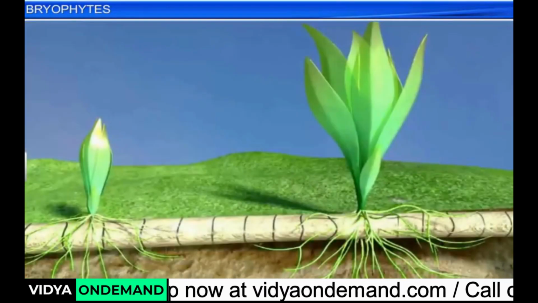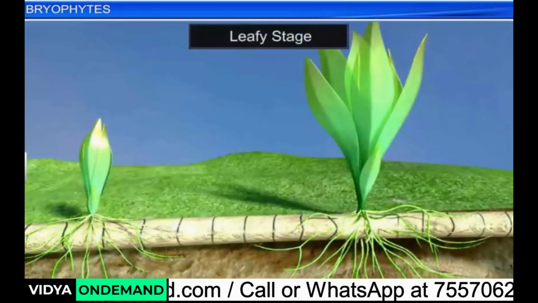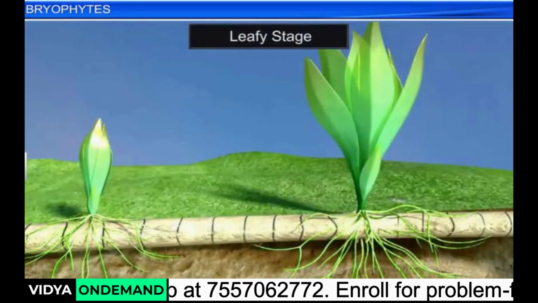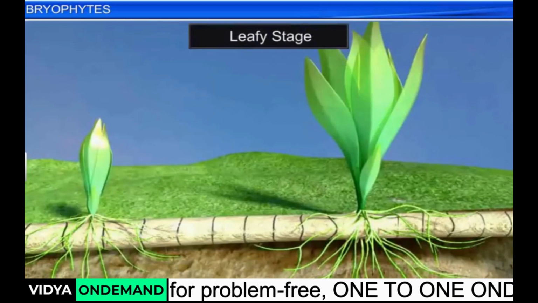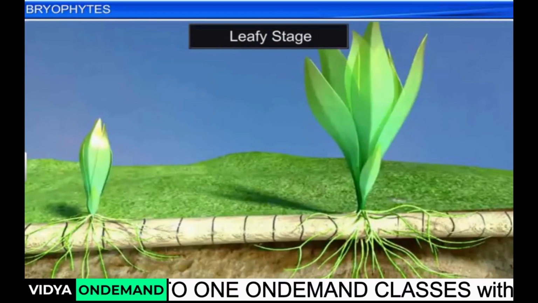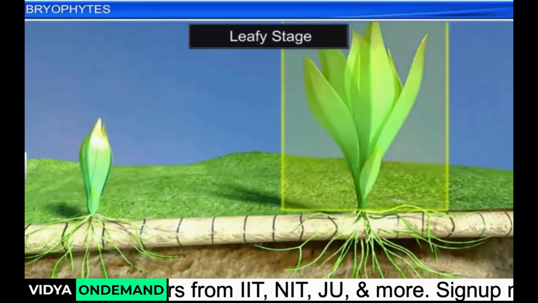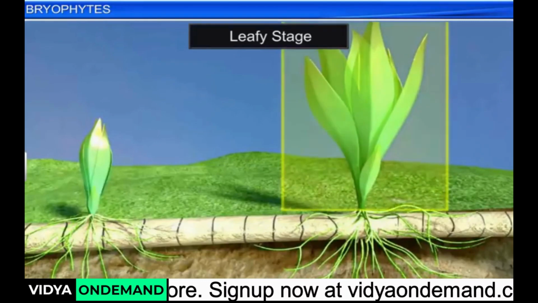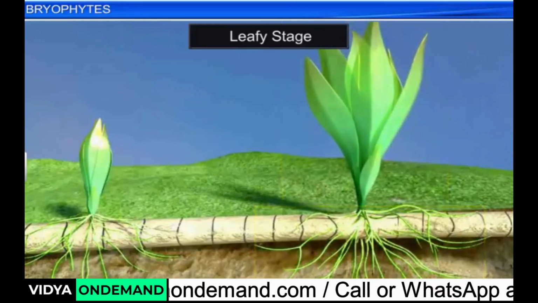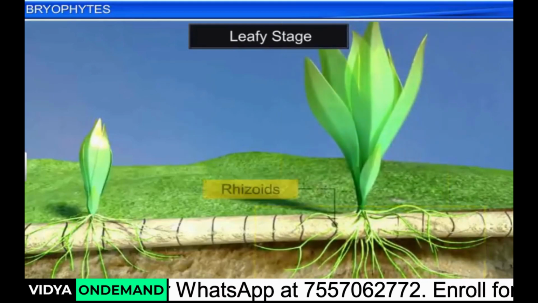The second stage is the leafy stage, where the primary protonema develops into the secondary protonema as a lateral bud. The buds consist of upright, slender axes that bear spirally arranged leaves attached to the soil through branched rhizoids.